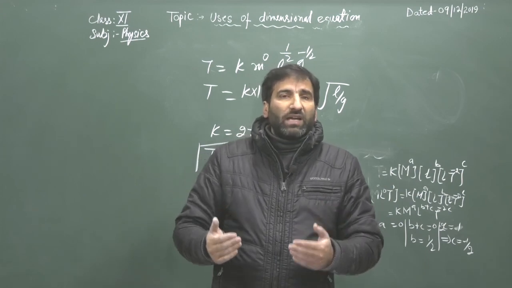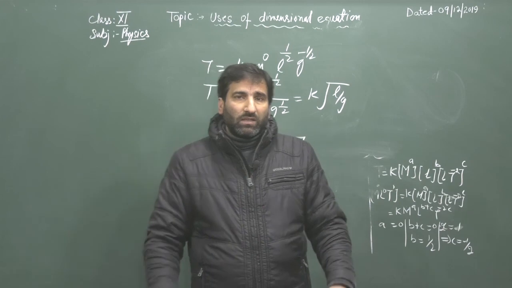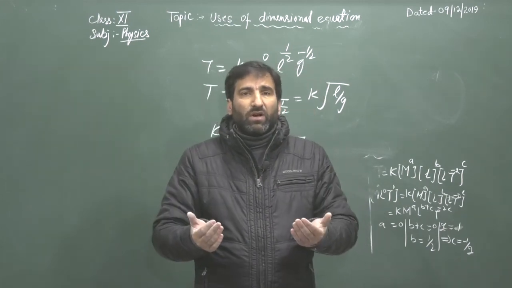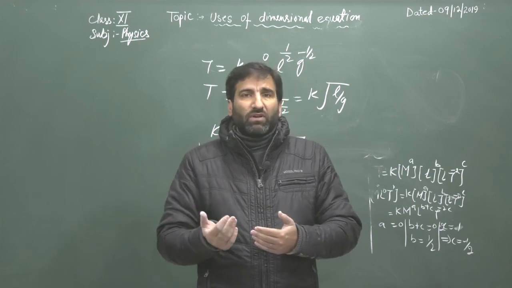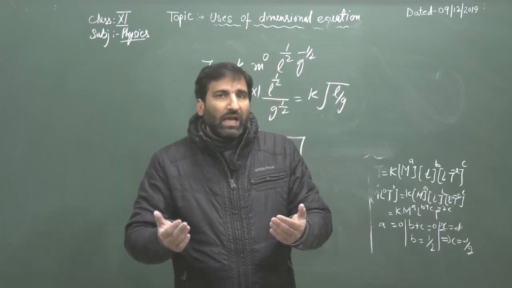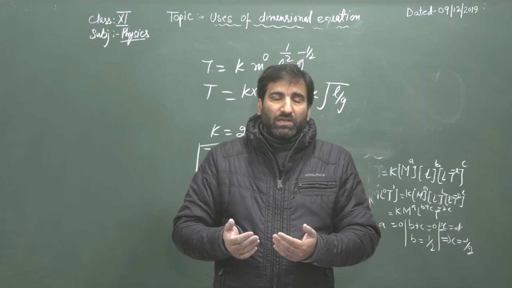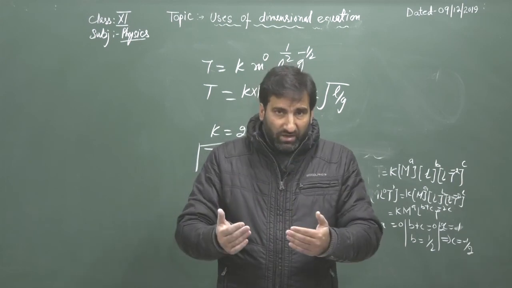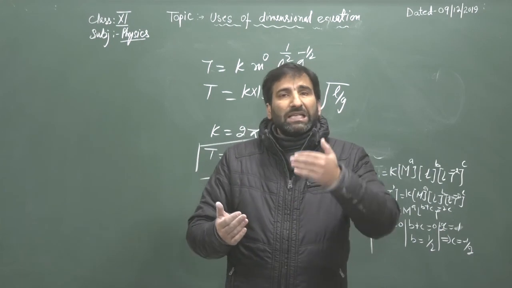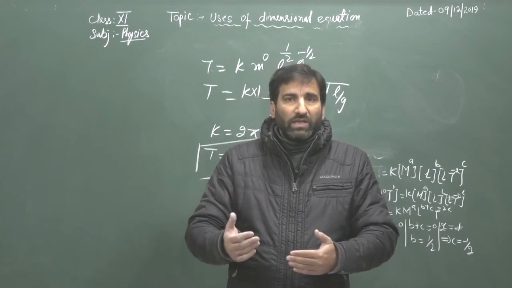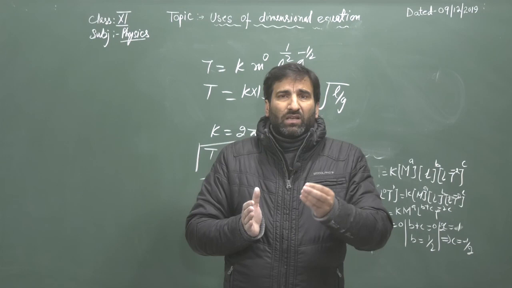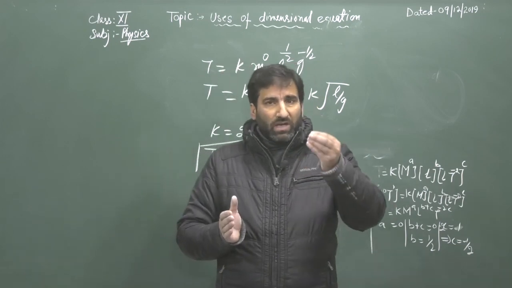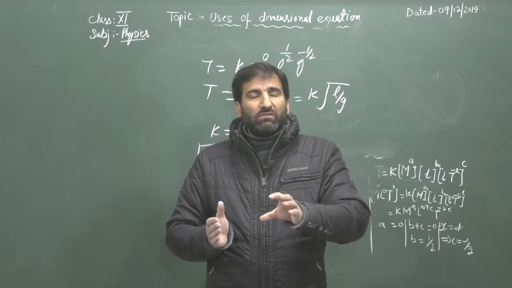Similarly, we can find the time period of an oscillating body, which depends upon certain factors, and we can find the expression for the speed of a transverse wave or a longitudinal wave in a string, in a solid body or in a gas. That means a mechanical wave, which is the combination of transverse wave and longitudinal wave.